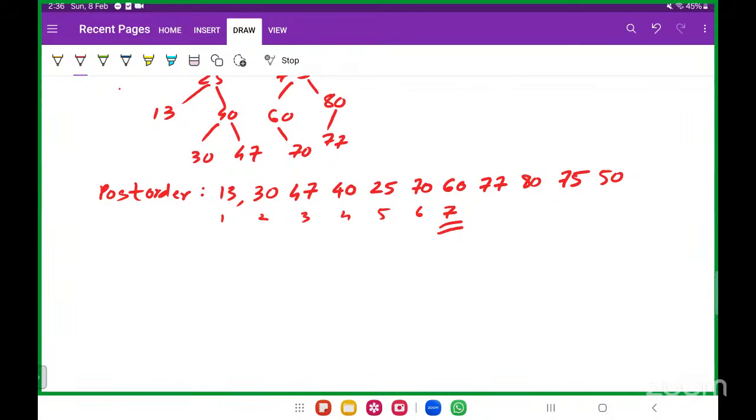So we have to count only the left subtree. And in the left subtree, the root will be the first element after 75, which is 60. Let's count the elements: 1, 2, 3, 4, 5, 6.